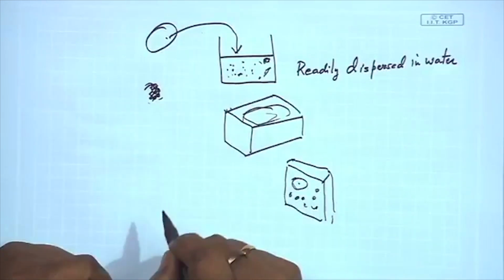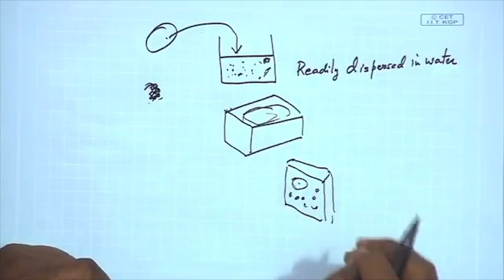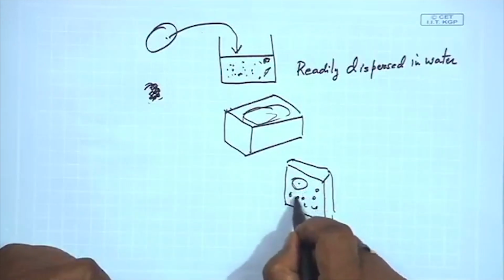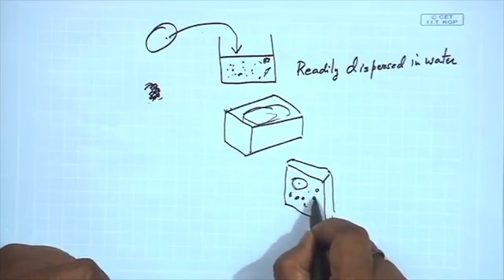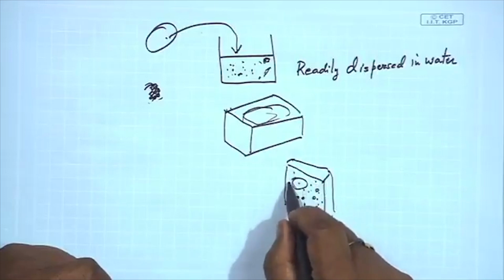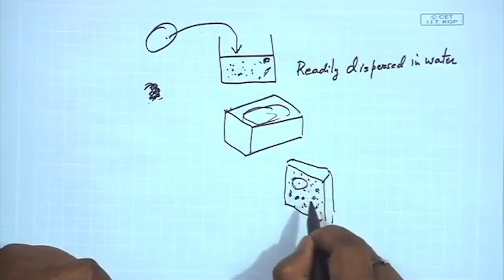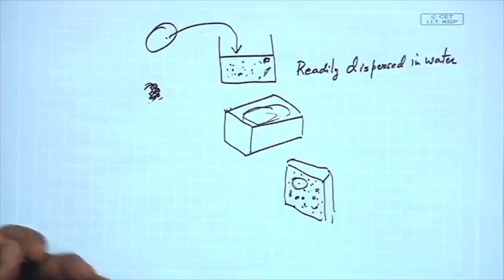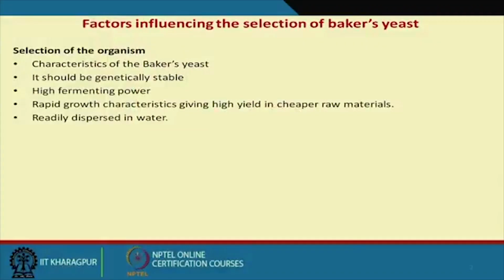Due to the presence of clusters of cells, which produce more carbon dioxide and make a big hole. And the single yeast cells form the smaller holes. So the porosity will be different. This is undesirable, and that is why one important characteristic of the yeast cells is ready dispersion.